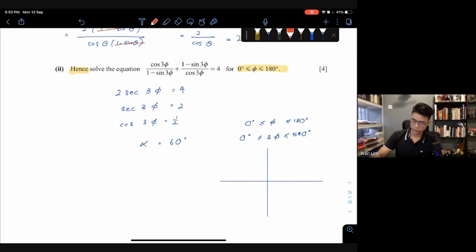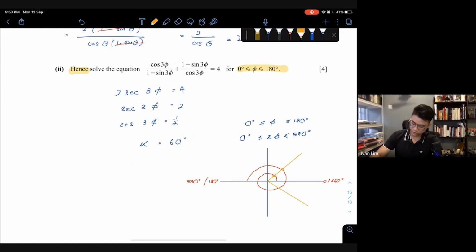Like this. We start from 0, 1 round, then stop here. So this would be 0, 360 degrees, and here 180 degrees, 540 degrees. It stops here. Follow back our ASTC rule. Cos positive: first quadrant, fourth quadrant.